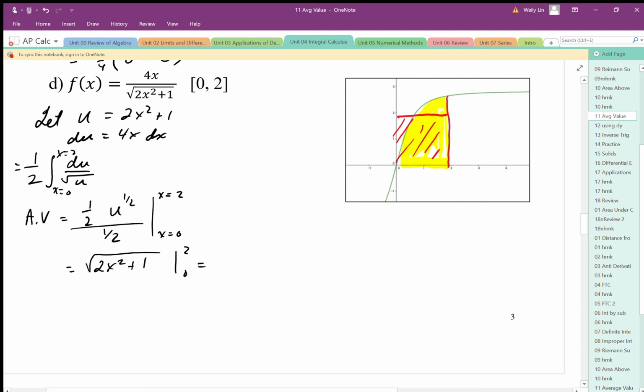So the average value of this function works out to be square root of 5 minus square root of 1, or root 5 minus 1. I'm not too sure what the decimal value is. Okay, so that's the average value of that function from 0 to 2.